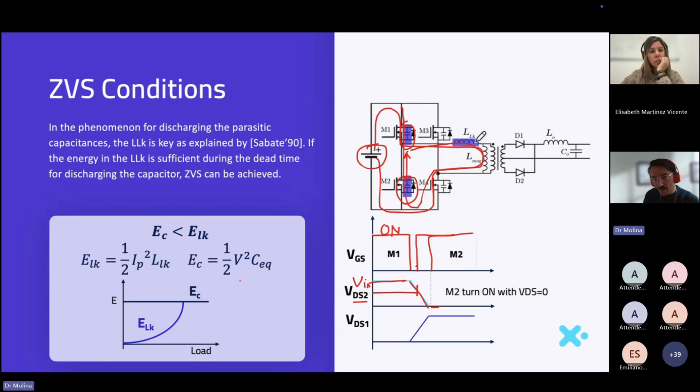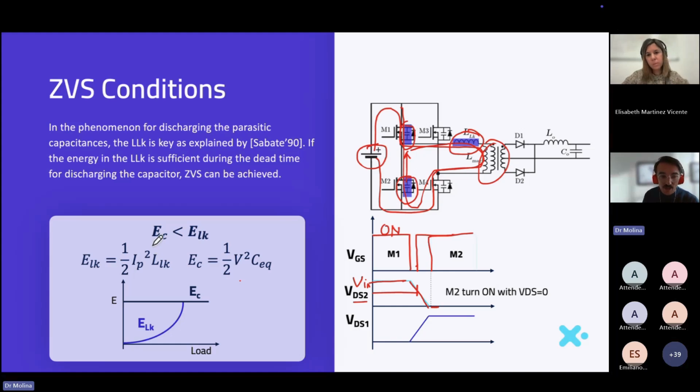That current comes from the energy stored in the leakage inductance and also in the magnetizing inductance. So the energy stored here needs to be enough to move this energy from here to here.